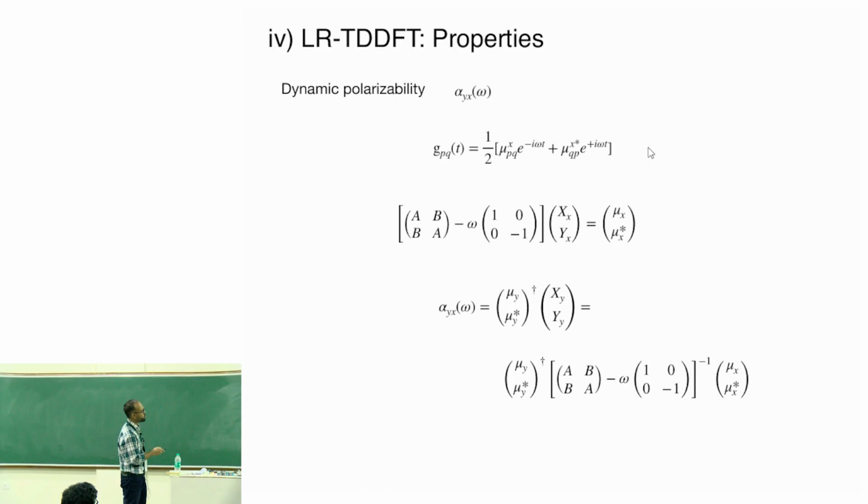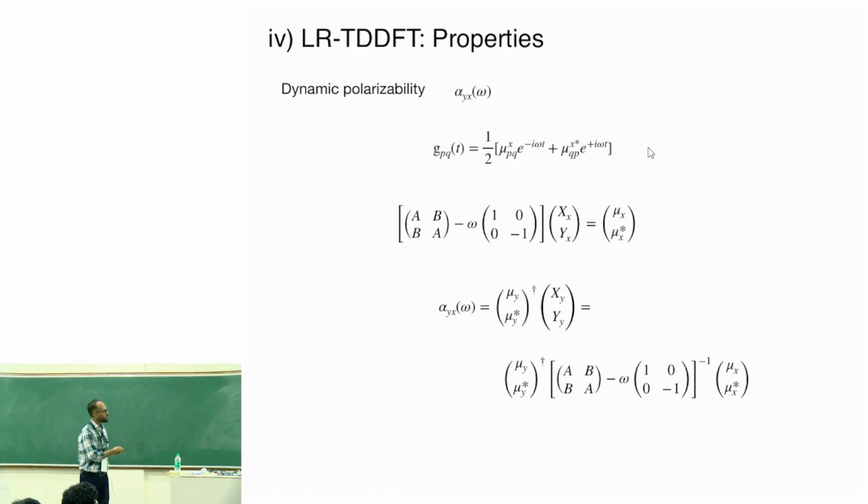And what would be the response? Response would be just the inverse of this whole thing times the perturbation, which is my mu vector in the x direction. So once I have that, I can now go ahead and compute my alpha yx of omega, which will be just the trace of the mu vector and the response vector. Okay, so you have applied a perturbation, you got a response.